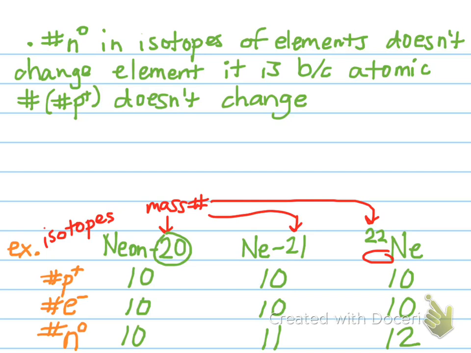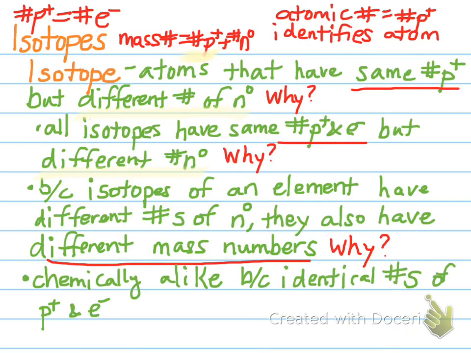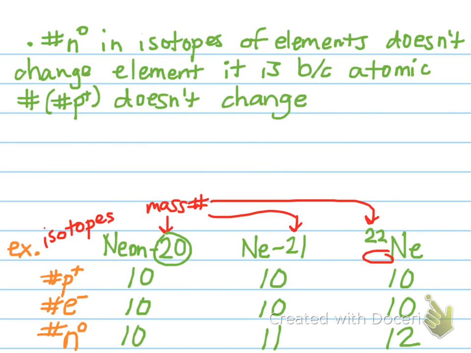So notice if we go back to our definition of isotopes, isotopes are atoms that have the same number of protons but different numbers of neutrons, which means they have different mass numbers, and we just saw evidence of that. We have 3 isotopes here, all of which have the same atomic number and therefore the same number of protons.